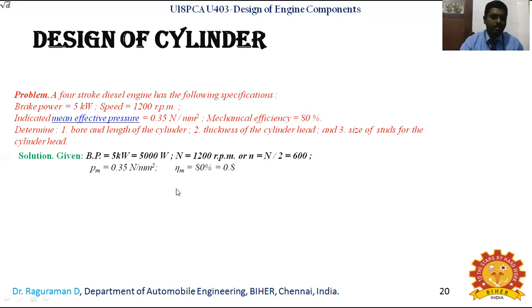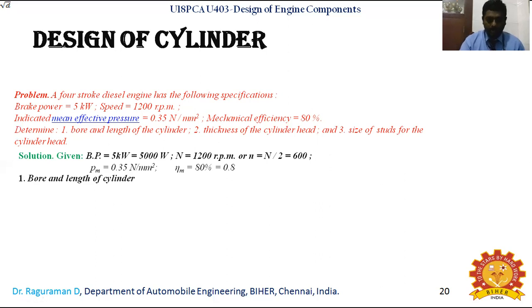The pm value, the mean effective pressure, is given as 0.35 Newton per mm square, and the mechanical efficiency is given as 80 percent, 0.8. We also need the indicated power. We have a formula connecting the mean effective pressure, mechanical efficiency, and brake power with the indicated power. We are going to combine that formula and identify the unknown specifications.